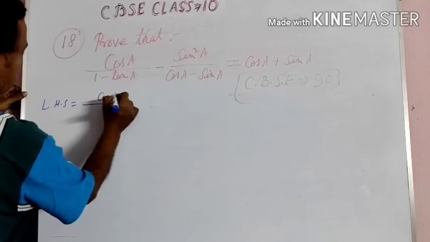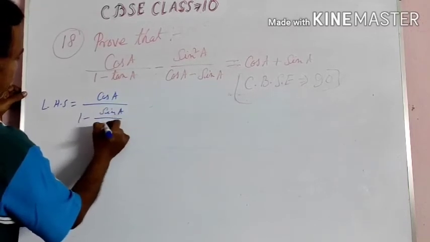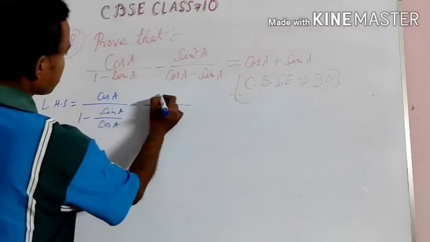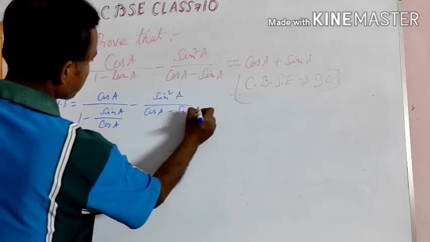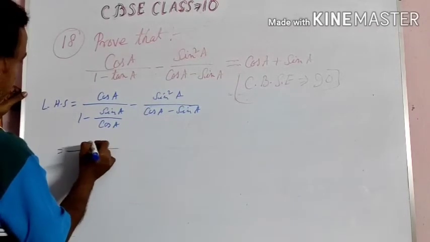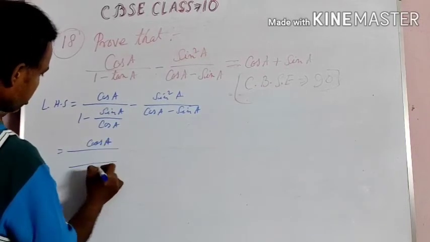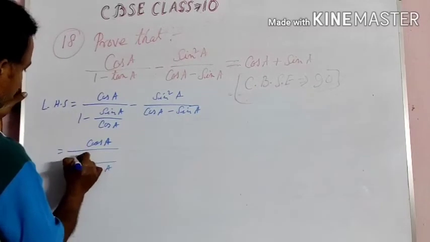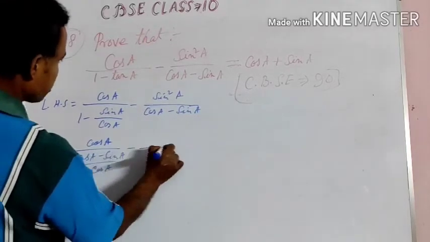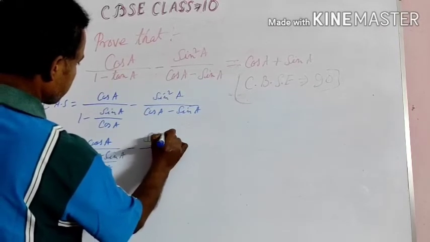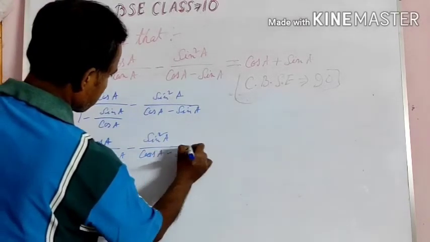Cos a by 1 minus tan a, tan a is sin a by cos a, minus sin square a by cos a minus sin a is equal to cos a by, here LCM will be cos a by cos a minus sin a, minus sin square a by cos a minus sin a is equal to what?